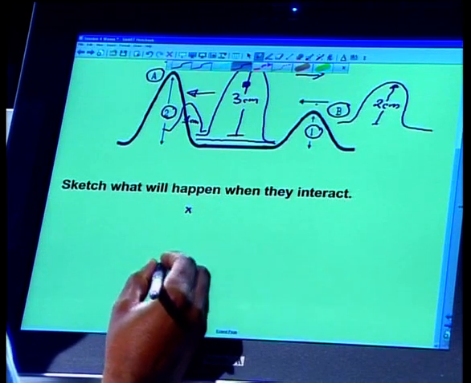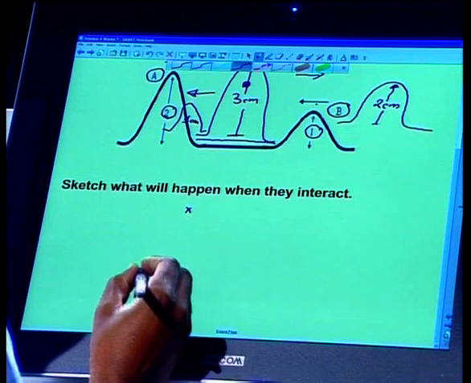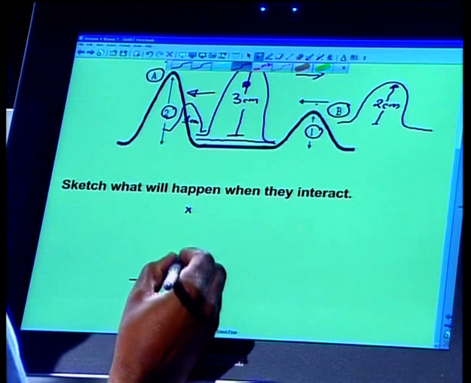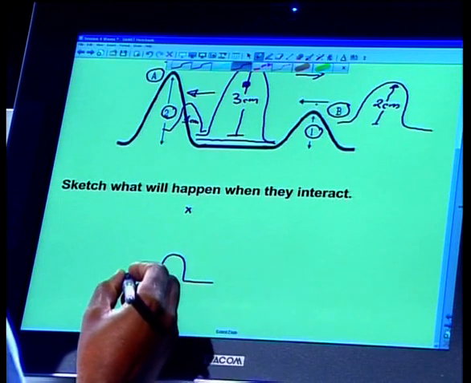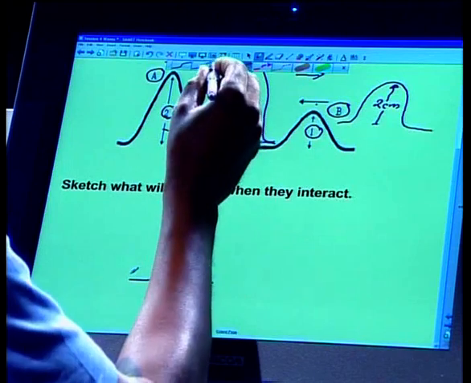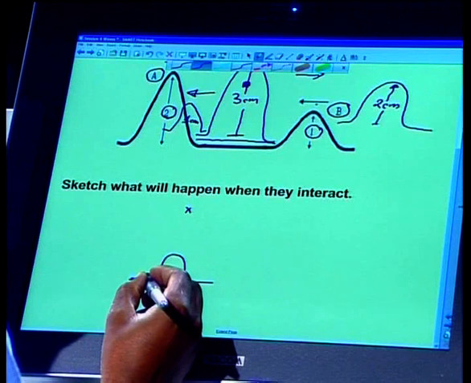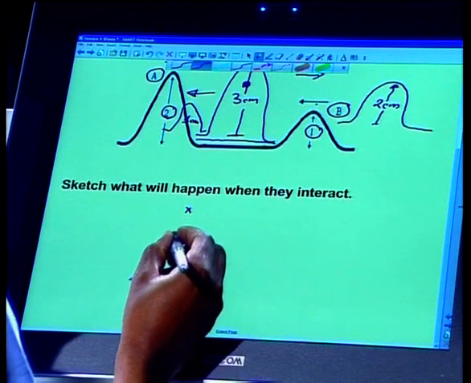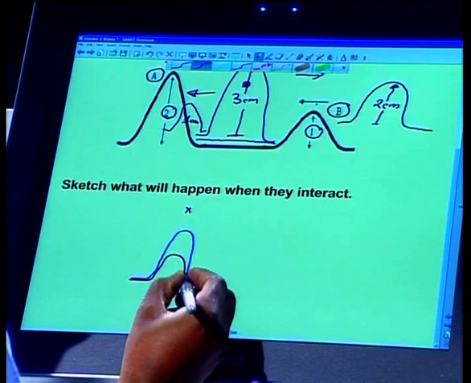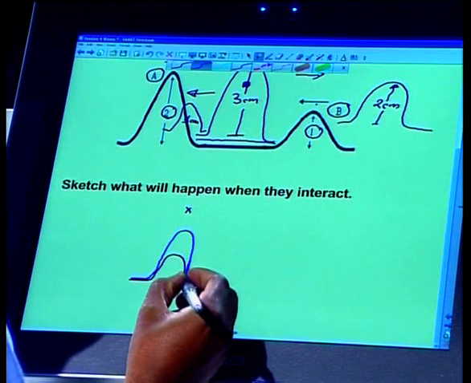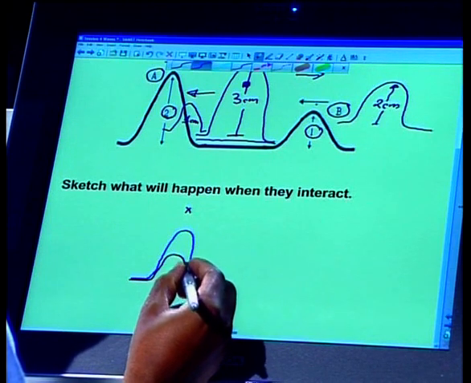So you've got B being the smaller one there, and you've got A being the bigger one. Sorry, this should be together. They should be meeting there.